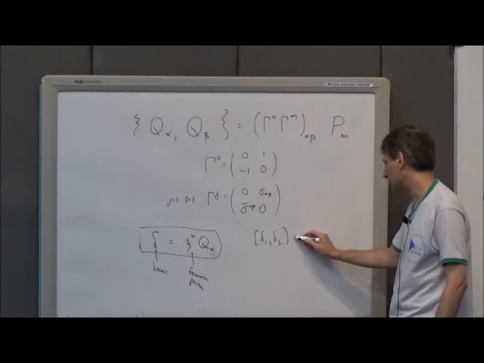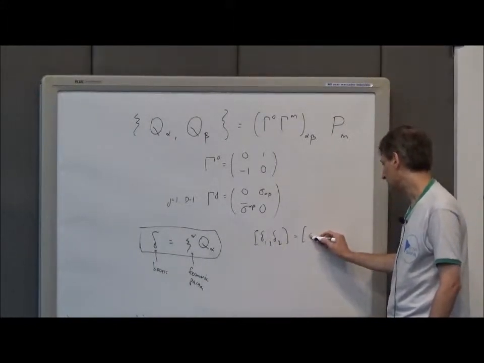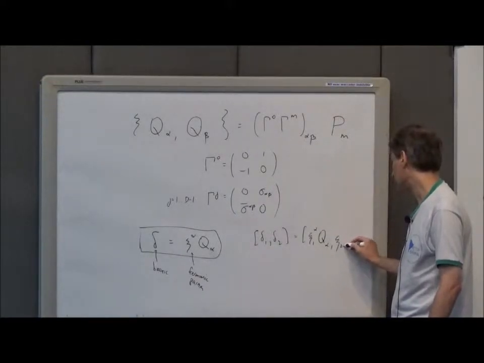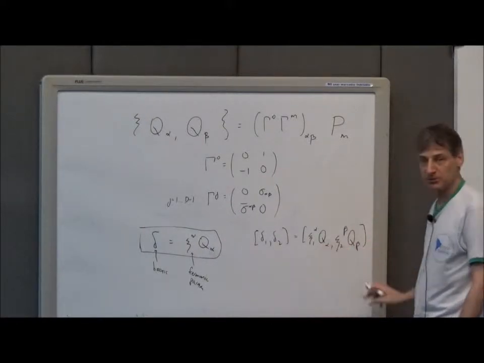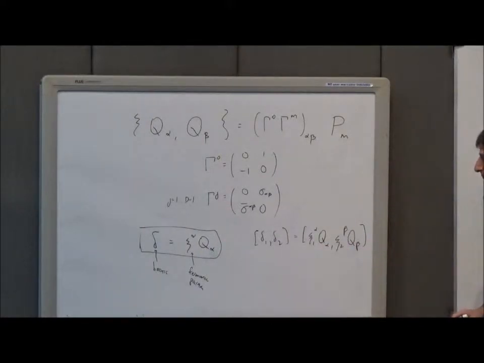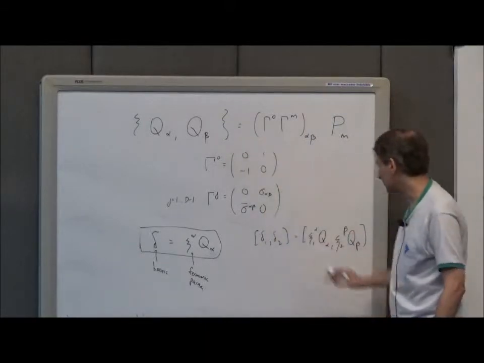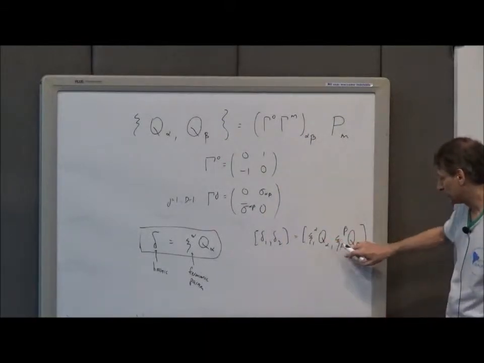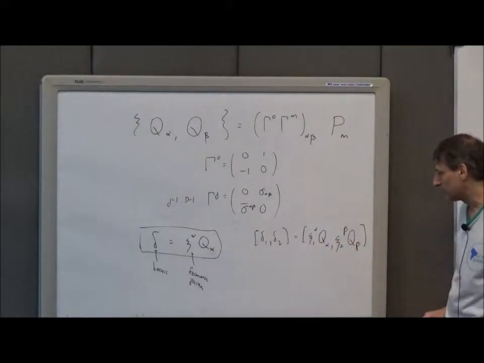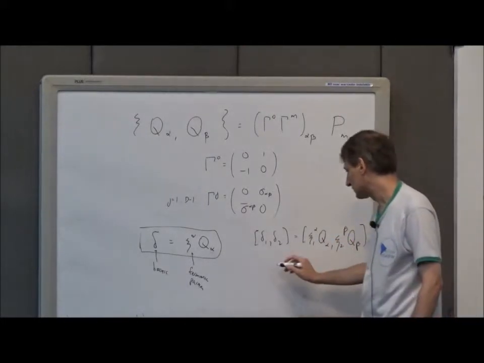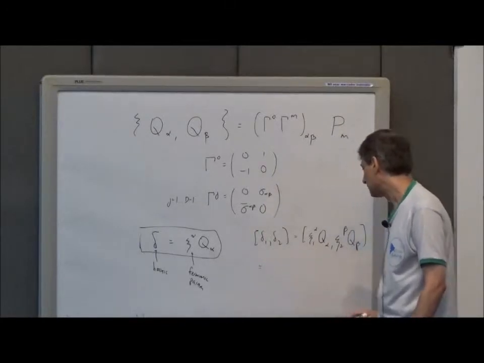So this is going to be equal to the commutator of C1 alpha Q alpha with C2 beta Q beta. So we have two different supersymmetry parameters. And now we can use this algebra. So you have to anti-commute this to here. And this is going to be an exercise. This is going to be equal.